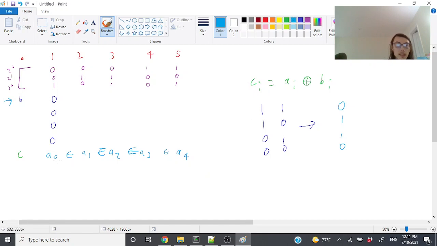So now C is 0, 0, 1, which is fine. Now for 2, what do we need to do? We need this bit to be filled in A1, but currently for 2 it's not, which means if we did 0, then this would be 0, 1, 0, and that doesn't work. So we need this bit to be 1, which means this bit here in B has to be 1.